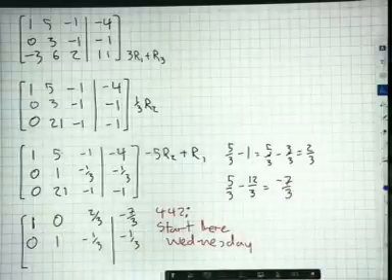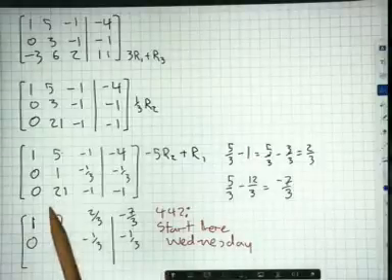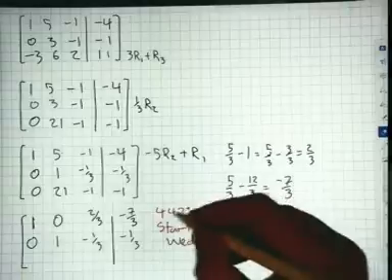So the next thing that we want to do is make the second element in row three a zero. So here's what we're going to do. You can see right here, I said don't erase.